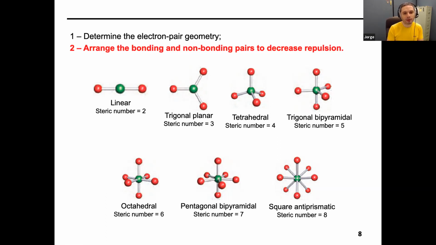Okay, so now that we know how to arrange the groups as a function of the steric number to minimize the repulsion, let's go back to the example that we are working with.